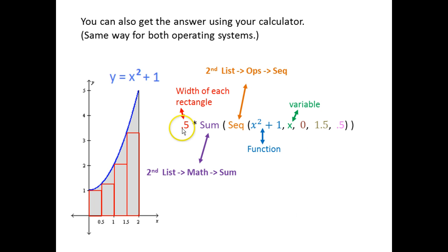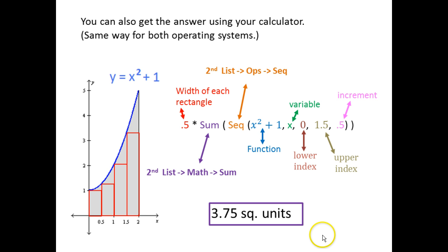X is the variable that we're using. 0 is the lower index because this first rectangle touches the curve at x equals 0. 1.5 is the upper index because this last rectangle touches the curve at x equals 1.5. And then 0.5 is just the width again of each one. Just punch that in and it'll give you 3.75 square units.